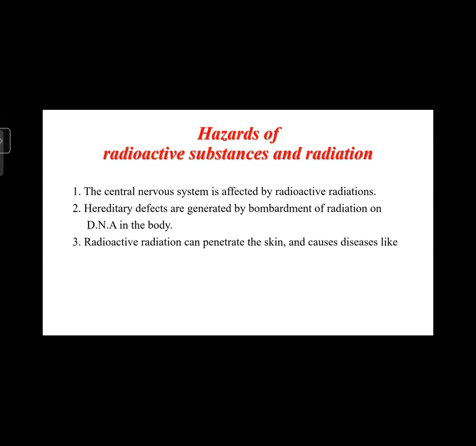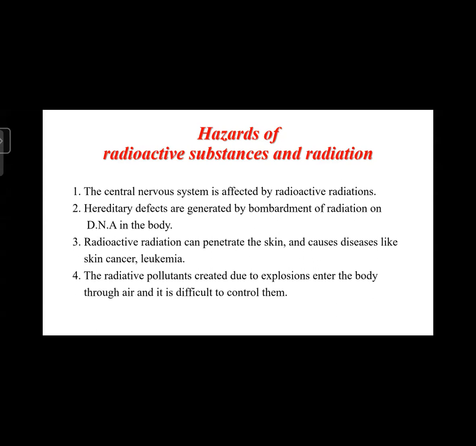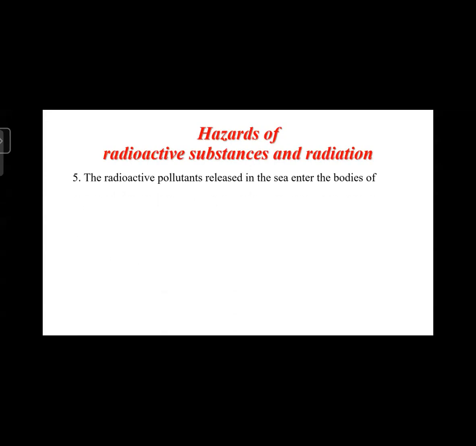Radioactive radiations can penetrate skin, causing diseases like skin cancer and leukemia. The radioactive pollutants created due to explosion enter the body through air and it is difficult to control them. Fifth one, the radioactive pollutants released in the sea enter the bodies of fish. It is entering our body.